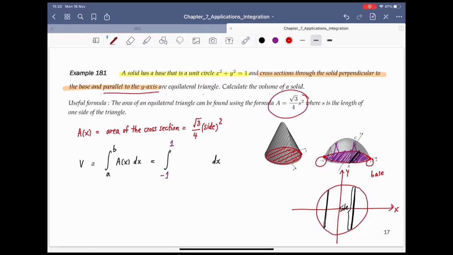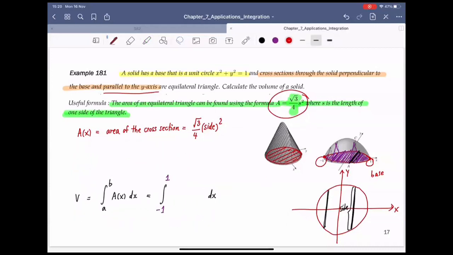Because the area of an equilateral triangle is A equal to square root 3 over 4 times s squared, where s is the length of one side of the triangle. So if I know that the base of the triangle has length s, then the area is A equal to square root 3 over 4 s squared. So this formula is instant. You can use it.